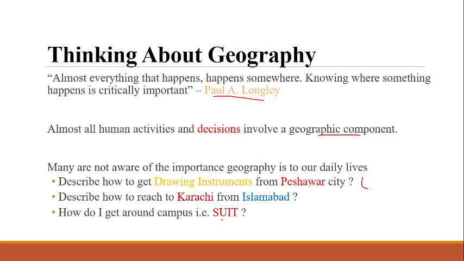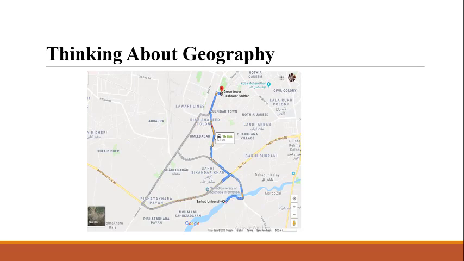And if we want to move around our own department and our own university, it must also have some location. This is a map from Sarhad University to Green Tower, Peshawar, if you want to go. So this can easily help us to go anywhere on the earth's surface using Google Maps.